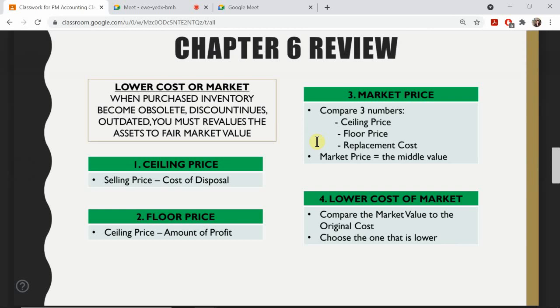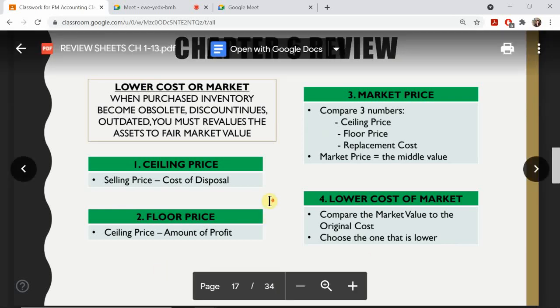You're going to compare the three numbers: the ceiling, the floor, and the replacement. Whichever is in the middle, you're going to choose that one, and that becomes your market. And then the last question you need to answer is, which one is lower, the original cost or the market? Okay, so that's that.